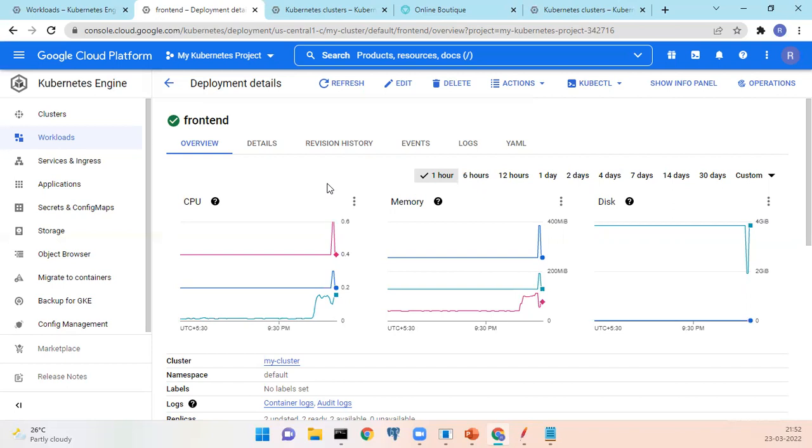We understood how exactly memory, CPU, and disk allocation happens at the pod level. And also, when we generated the load on one of the deployments, we monitored the CPU, memory, network, and disk utilizations.